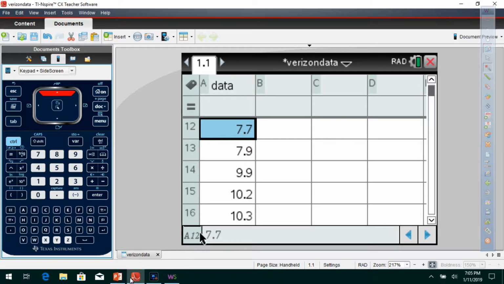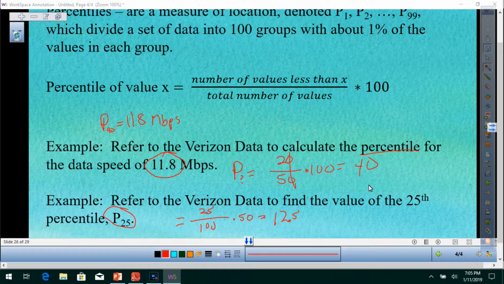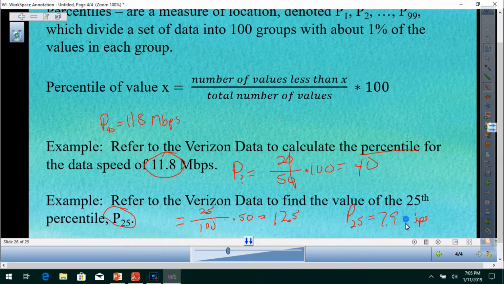Okay, so here we got P sub 25 is 7.9 megabytes per second. All right, that's not too difficult.